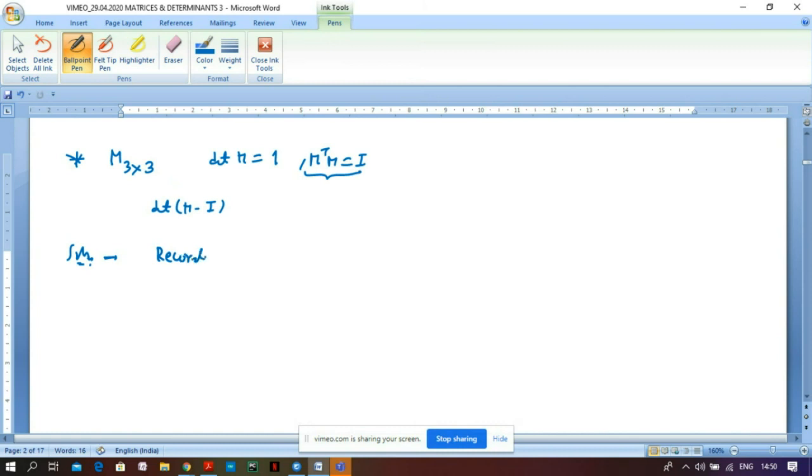So we rewrite M minus I in a different form. So M minus I equals, I want to use M transpose in some way because I know that M transpose M is I. So I can write this as M times I minus, this I will again write as M transpose.